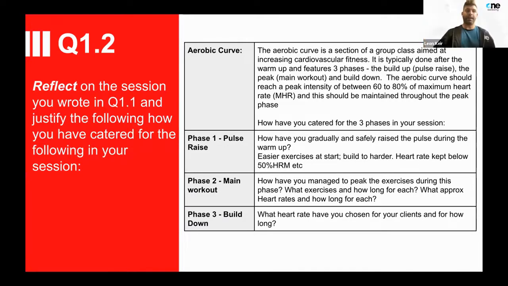We've picked it up every round and made it harder, lifting heavier weights. So the peak for me is going to be that last round. That last sled push is where the absolute peak is going to be for this session.